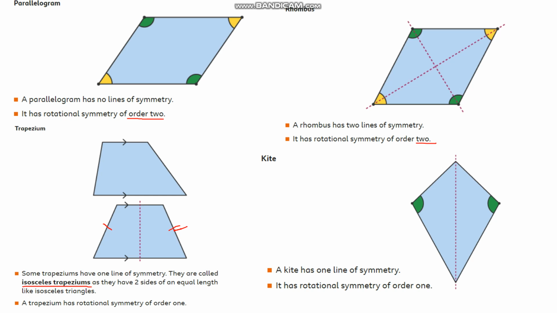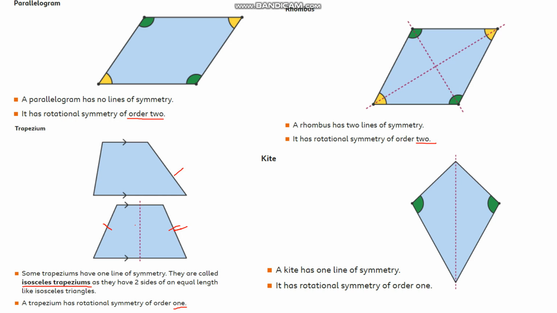This is the isosceles trapezium, which has 1 line of symmetry. However, this trapezium does not have any line of symmetry. So it depends on which trapezium you're talking about. You also need to note that a trapezium has rotational symmetry of order 1, whether it is an isosceles trapezium or just an ordinary trapezium.